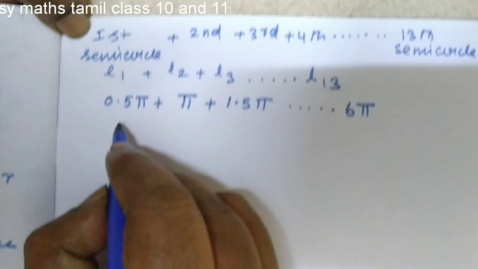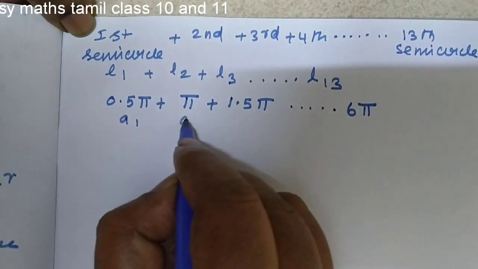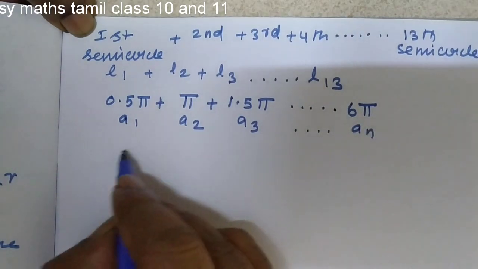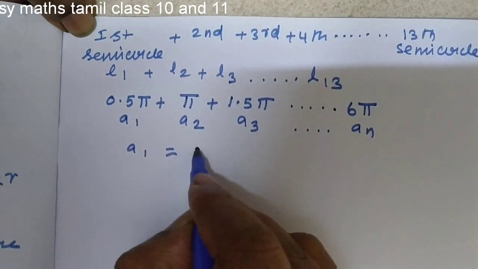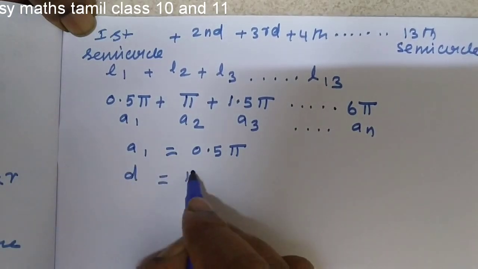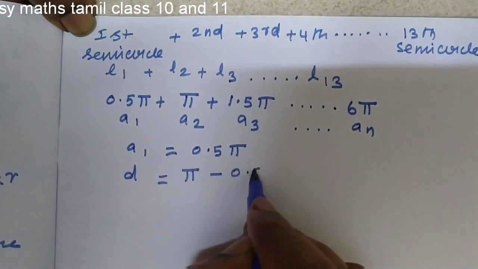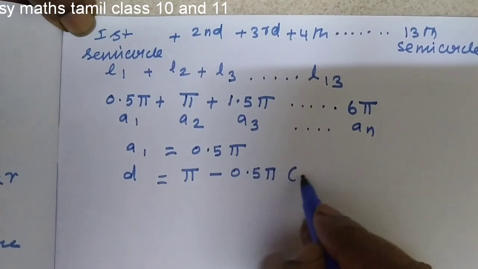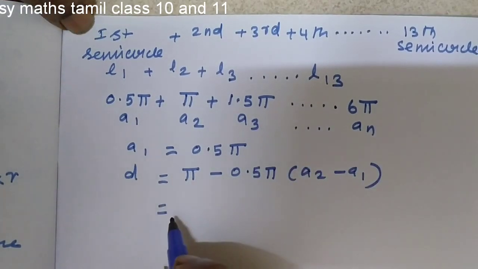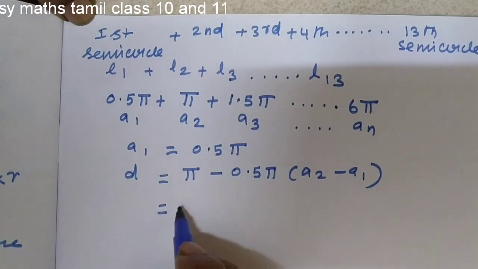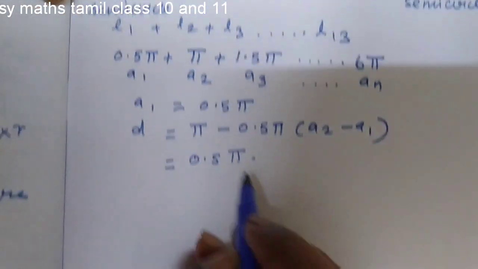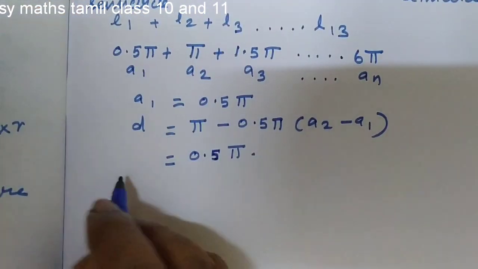This is A1, A2, A3 and this is An. A1, the first term, is 0.5 pi. Common difference d is pi minus 0.5 pi, A2 minus A1. The common difference is 0.5 pi.